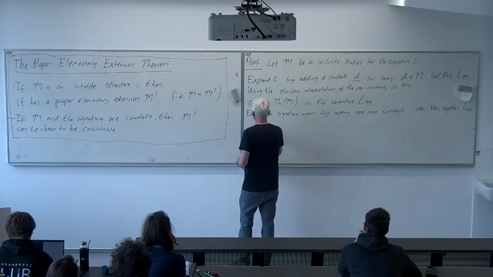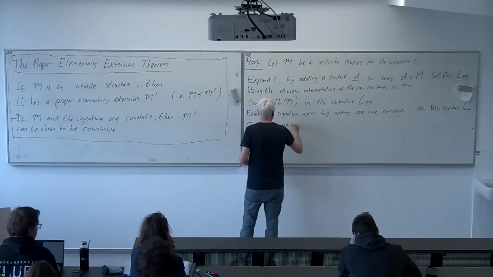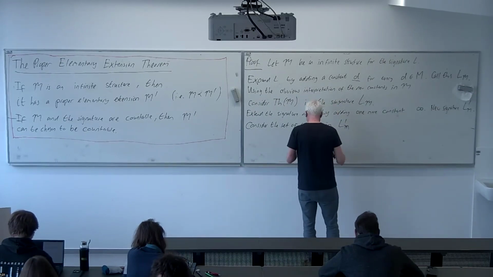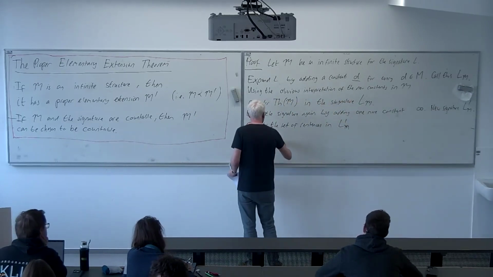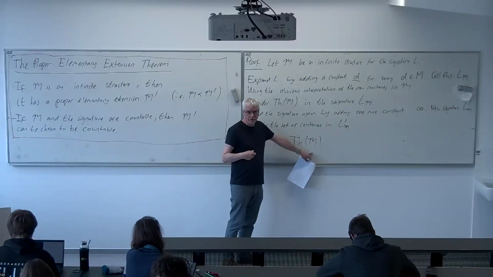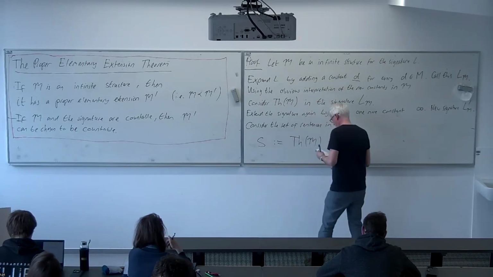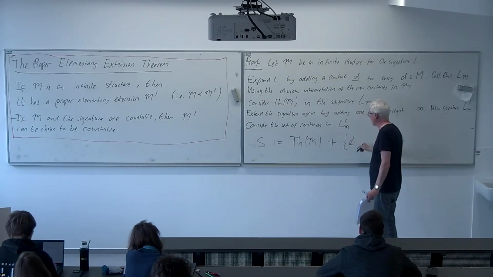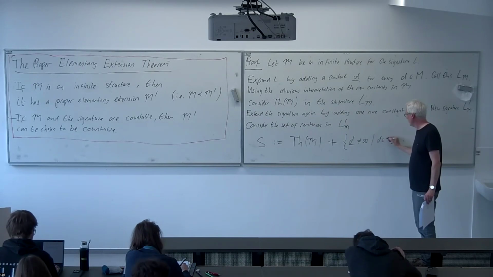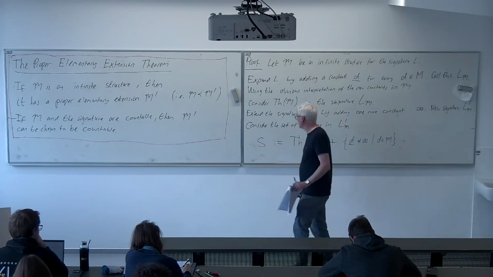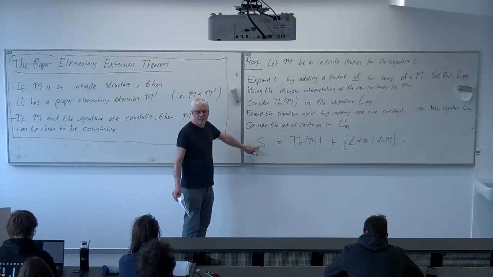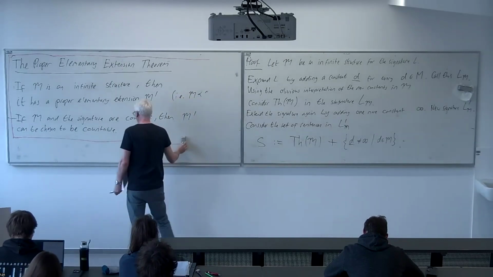And we now consider the set of sentences in L prime of M called S. That's defined to be the theory of M in the signature L of M, with the original constants but not the infinity, and we add to that just a set of sentences saying d is not equal to infinity for every element d of the original structure M. And I claim that S is satisfiable. Can anyone see why S is satisfiable while I'm clearing the board? Something to think about.